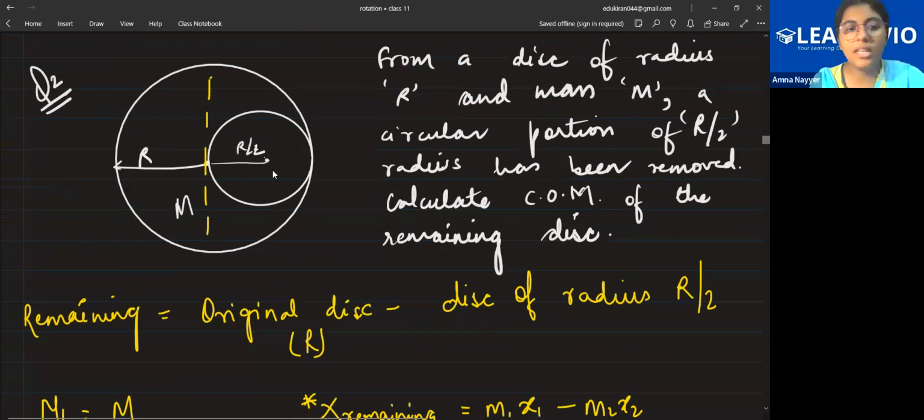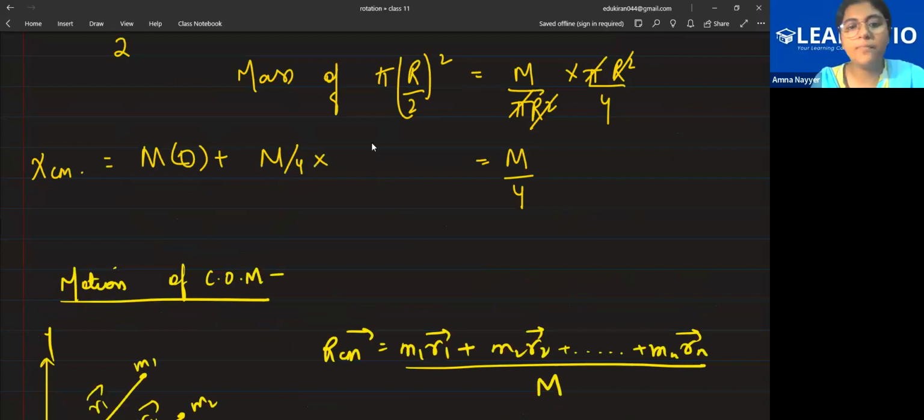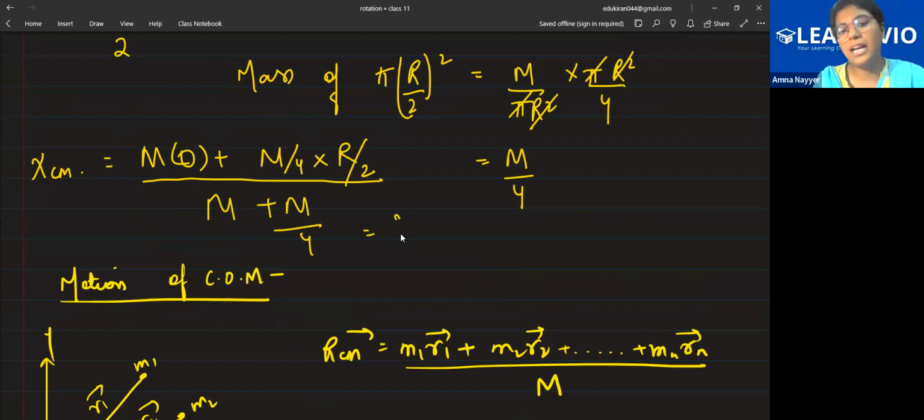For the mass, M times 0 minus M by 4 into r by 2, divided by M plus M by 4. Calculate and tell me what's the answer.